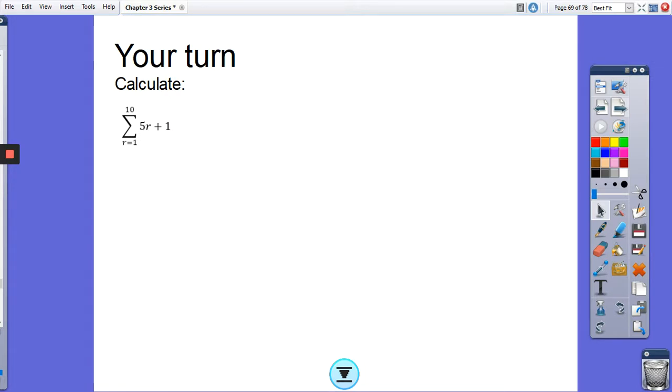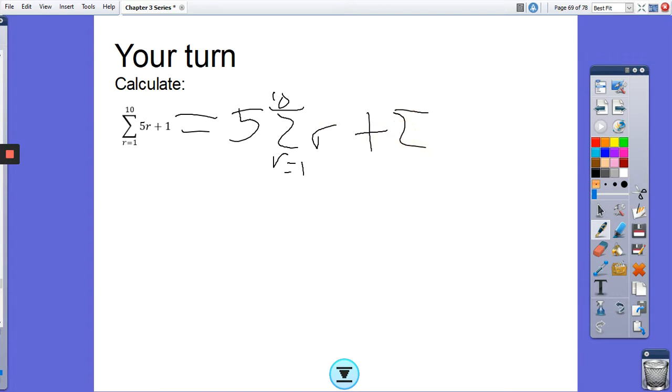Right, now on this one, we go back to the pen. We needed to do this as 5 lots of the sum between 1 and 10 of r plus 1. So it's the sum of those two.